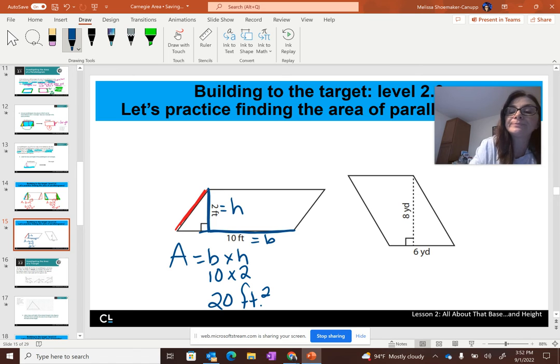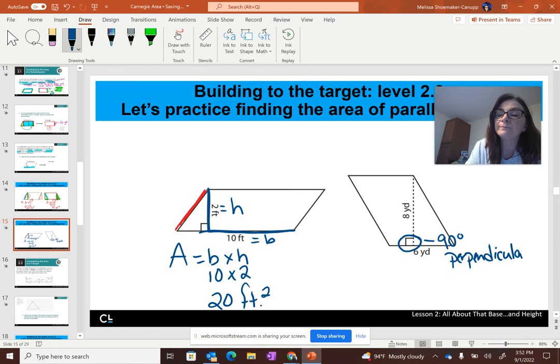Now this next one looks kind of weird, but you can still see this right here tells us that that's 90 degrees, which makes it perpendicular. Let's see if I can spell that right. That little box.